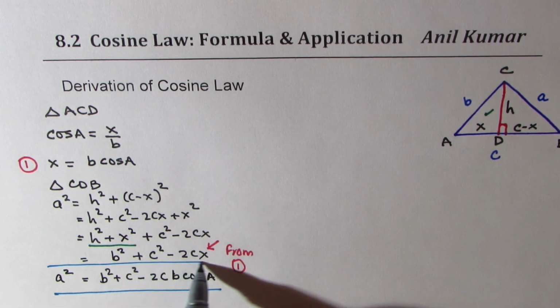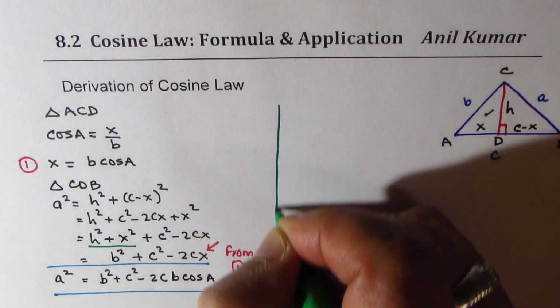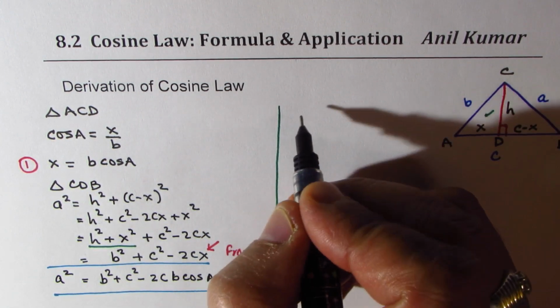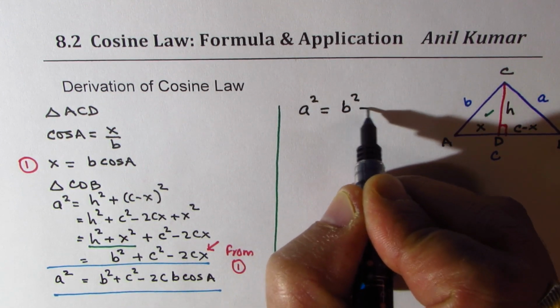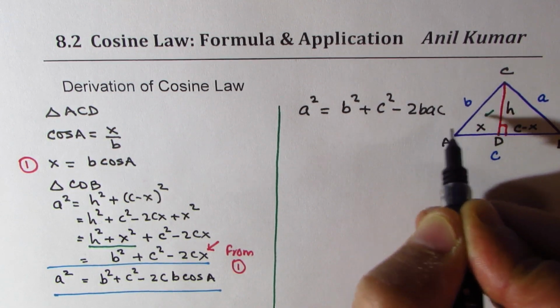Now this relation is called cosine law. Perfect. So we have a relation here which says a square equals b square plus c square minus 2bc cos A.